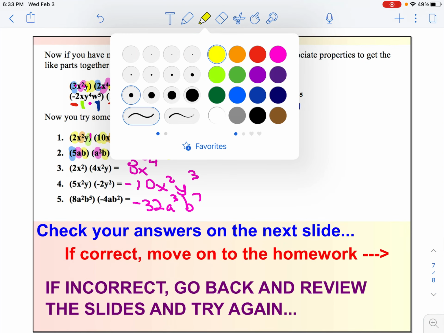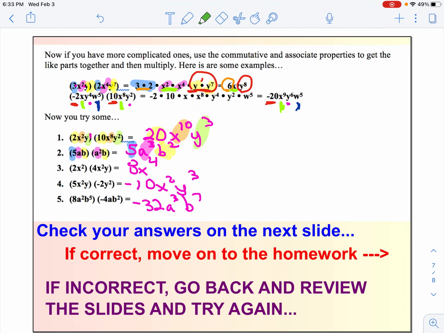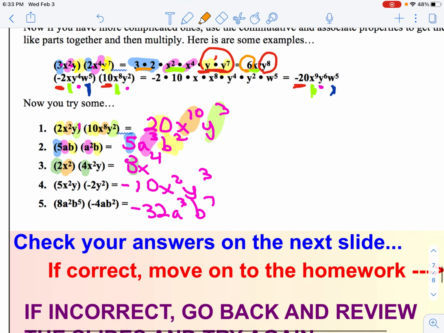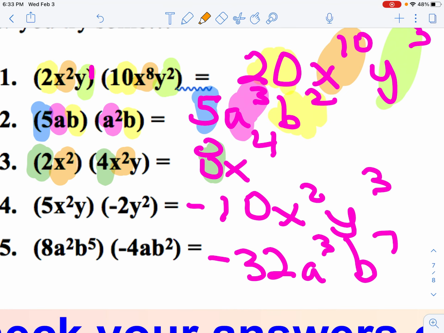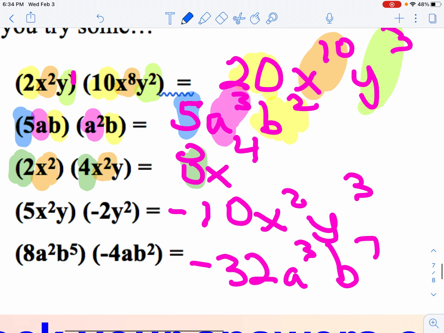Okay, in question number 3, we multiply the 2 and the 4 together to get 8. And then we multiply the x squared with x squared with, I better blow this up, with x squared, which gives us x to the 4th.